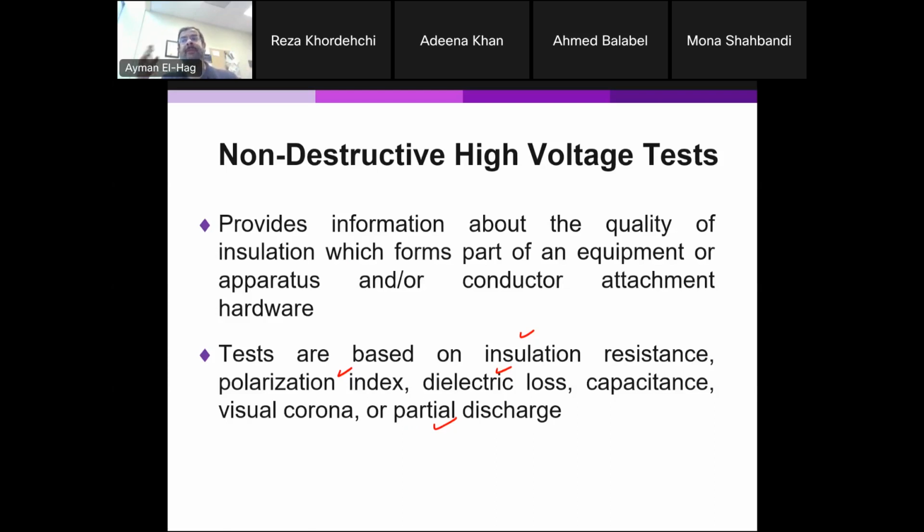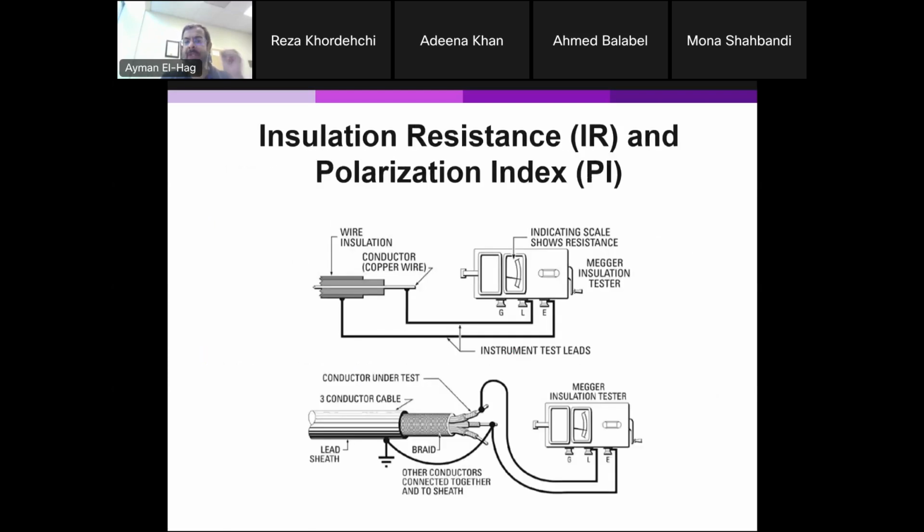But when you conduct it in the field, you use totally different instrumentation, not the same as we use in the lab. We'll talk about field testing after we finish the term paper, and about the online partial discharge measurement systems that we will have. So we'll start with the insulation resistance and the polarization index.